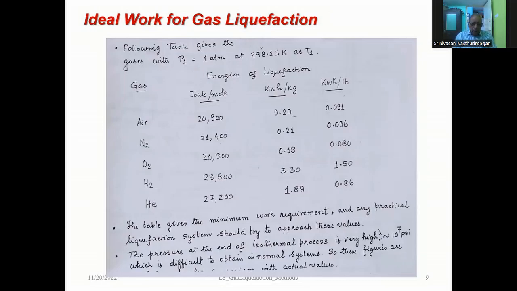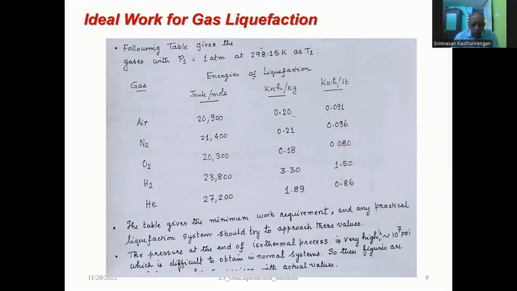For hydrogen, it is 23,800 and kilowatt hour per kg is 3.30. For helium, it is 27,200 joules per mole, whereas for kilowatt hour per kg it is 1.89. The above table gives the minimum work requirement and any practical liquefaction system should try to approach these values.